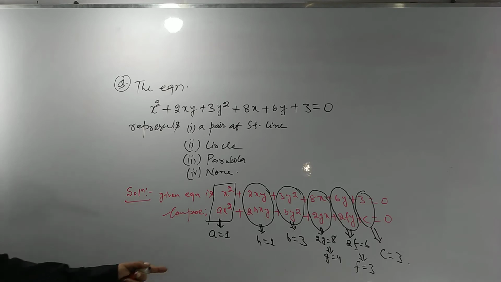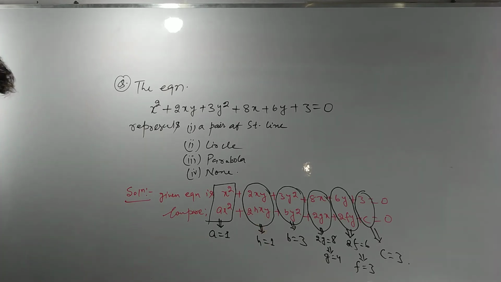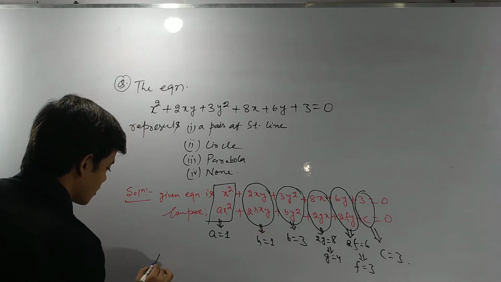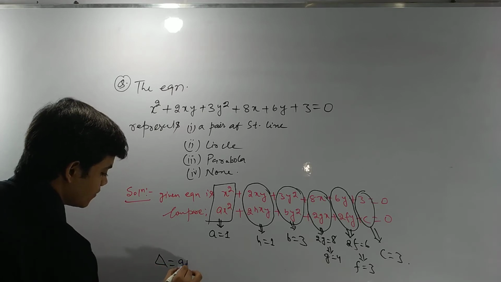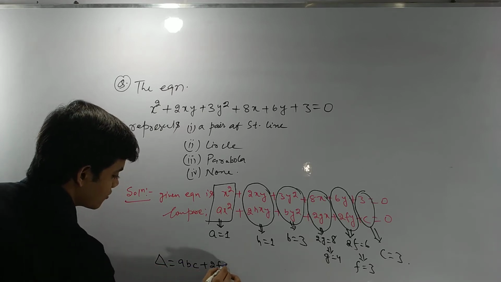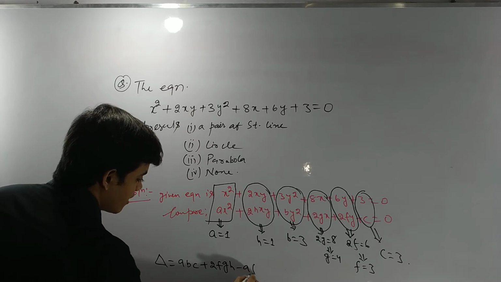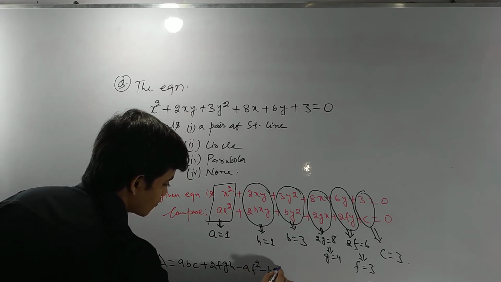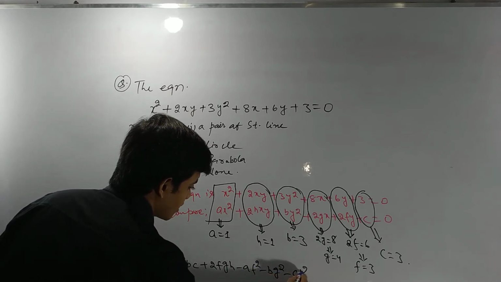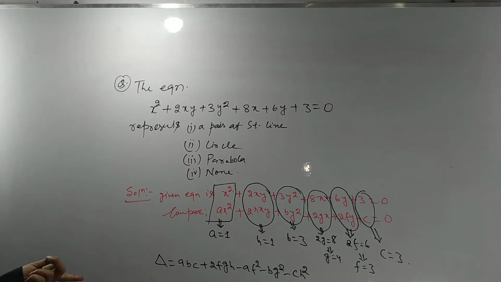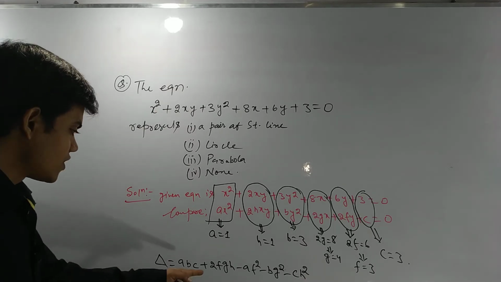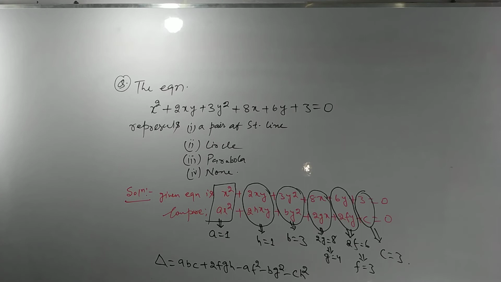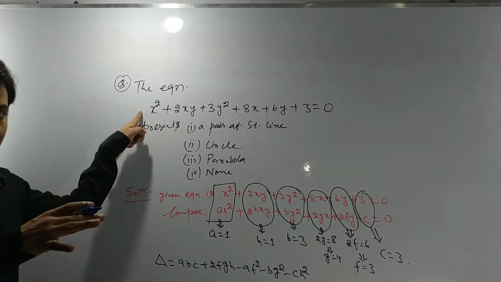Now you have all the constants and you can easily find your delta, which is ABC plus 2fgh minus af square minus bg square minus ch square. Now do the calculation. If this delta is going to be 0, then this will represent a pair of straight lines.